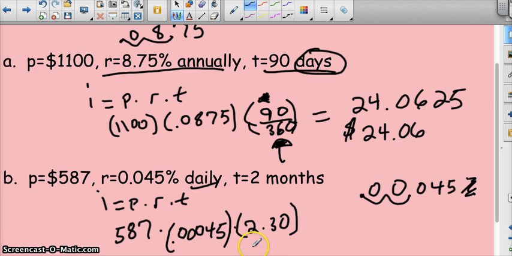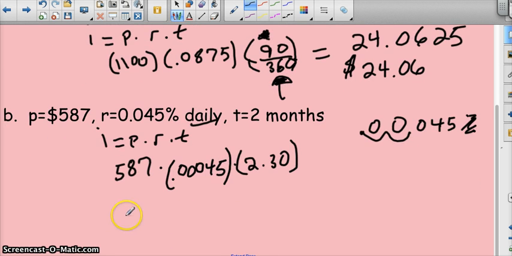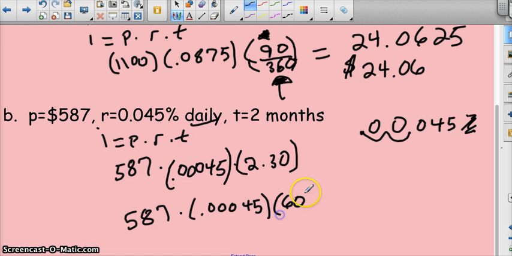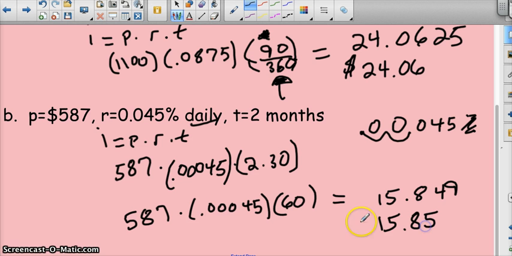There's 60 days in 2 months. So if we take our 587, multiply it times our rate, 0.00045, and then multiply that times 60, our result here is 15.849, which once again is not dollars and cents. It needs to be rounded. Rounded appropriately, that's $15.85.